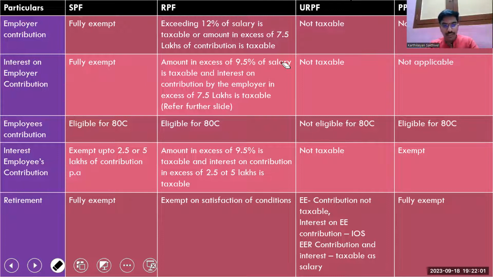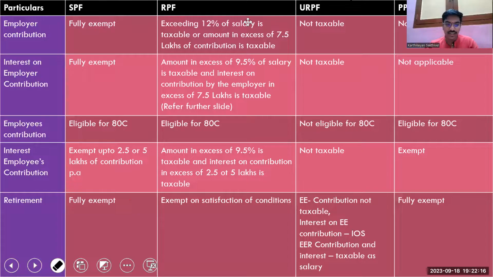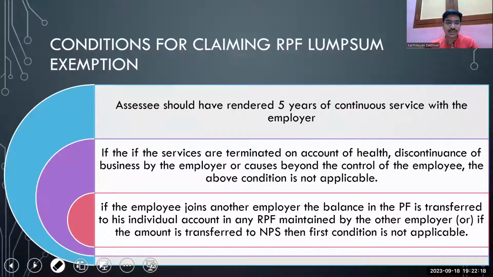After that, at retirement it is exempt on satisfaction of certain conditions. We need to see what those conditions are. So we will just go from first and complete what are the conditions to be satisfied for claiming the exemption at the time of getting the lump sum amount. For the lump sum payment from PF to be exempted, the assessee should have rendered 5 years of continuous service with the current employer.